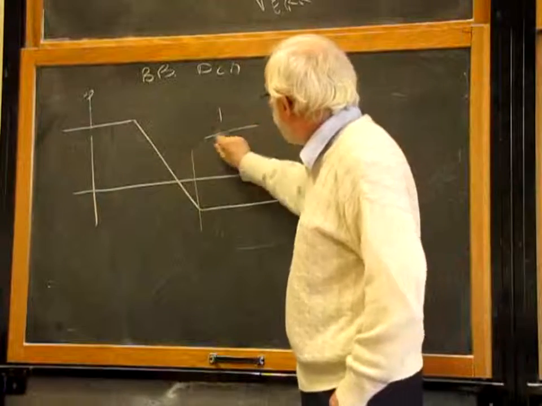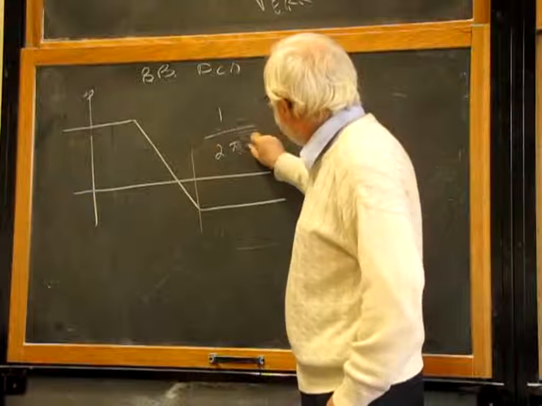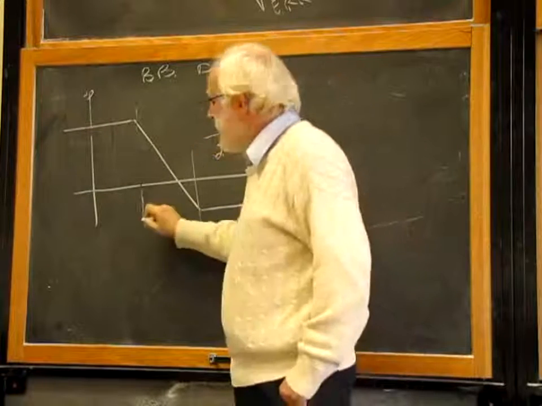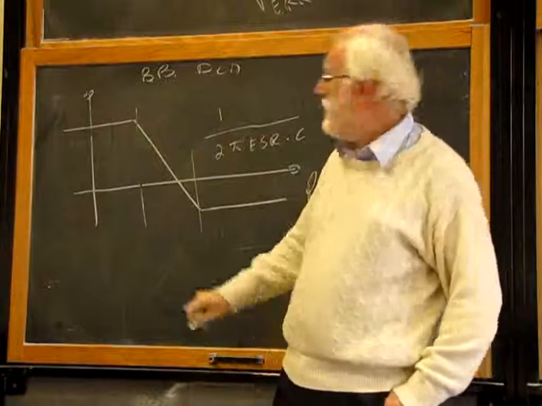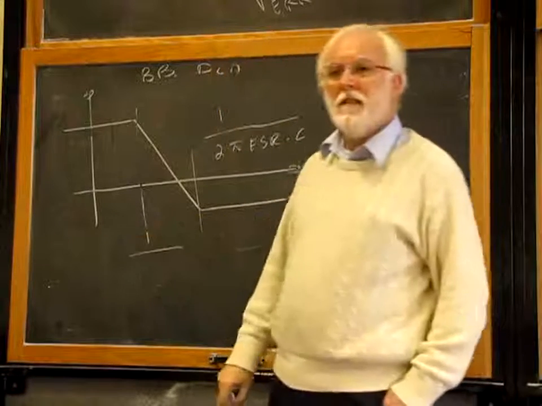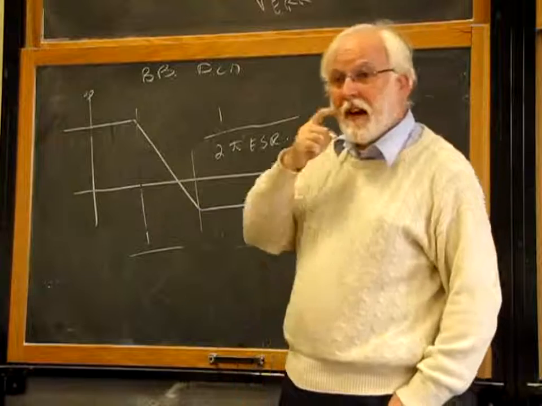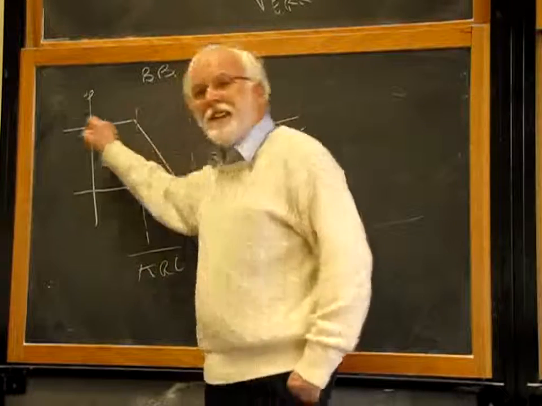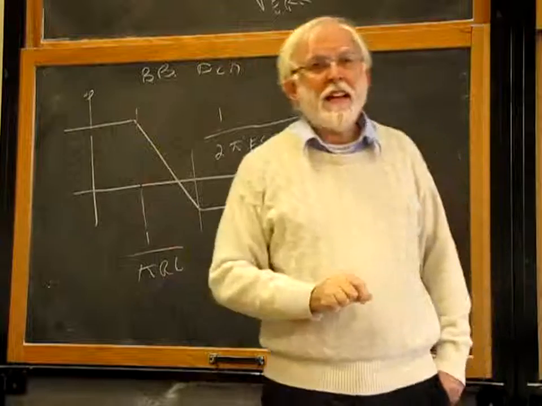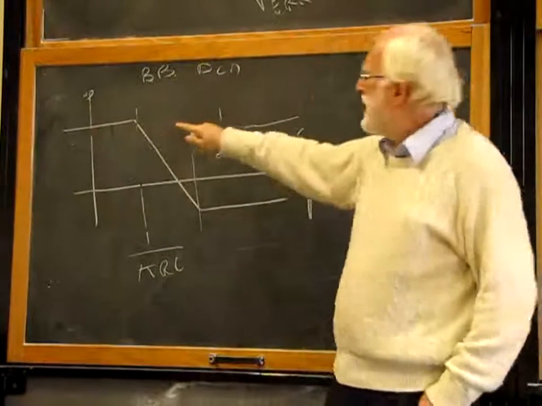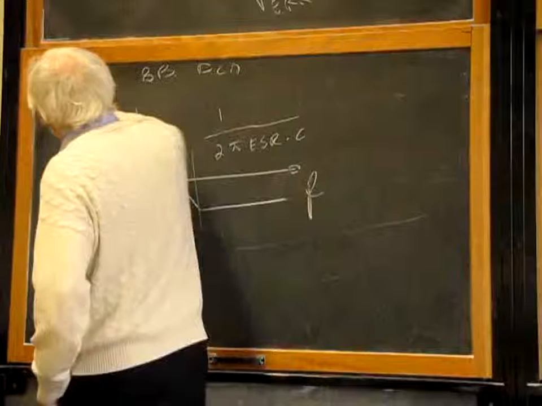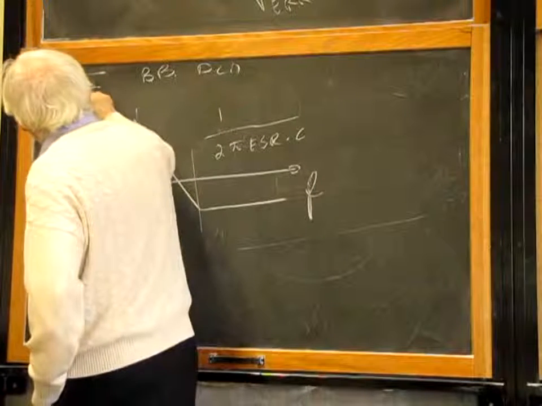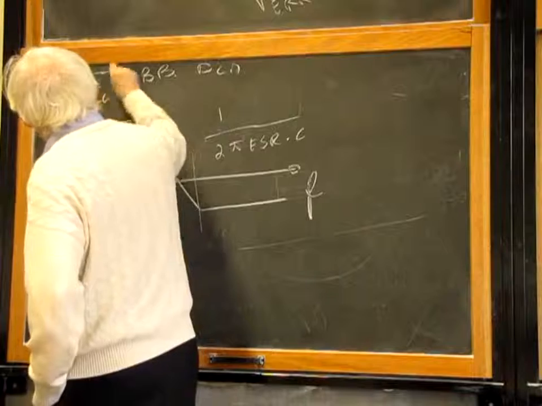Here is 1 over 2 pi ESR times C. This pole is 1 over pi RC, not 2 pi. This gain, the original gain of our buck-boost, was something like V in times the square root of R over 2 times the switching frequency L.